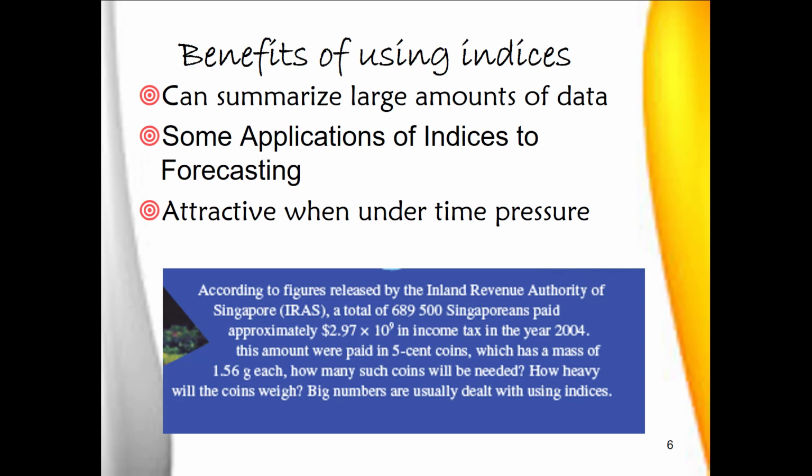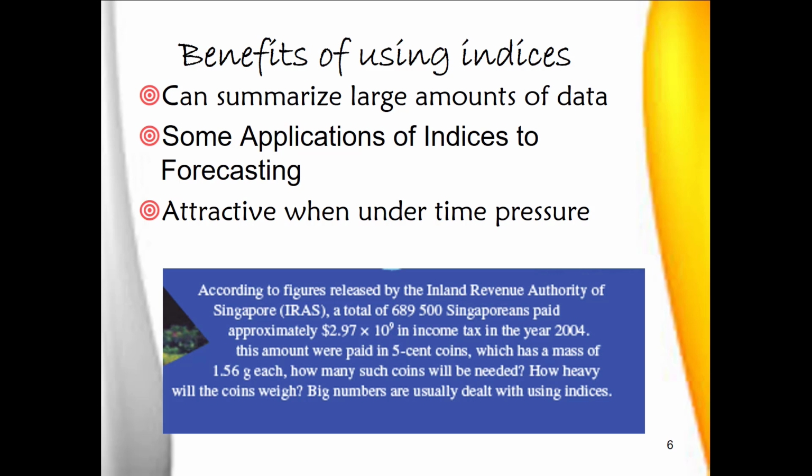So we use indices to summarize large amounts of data. There are also some applications of indices. For example, if the number is very big, we don't really need to know exactly what the value is, but we want to know how it is related to our previous numbers. Then we can use indices.